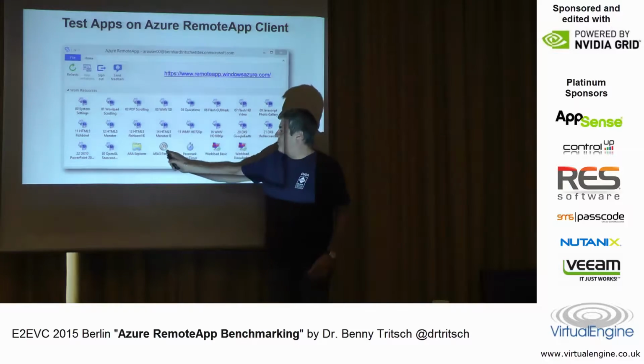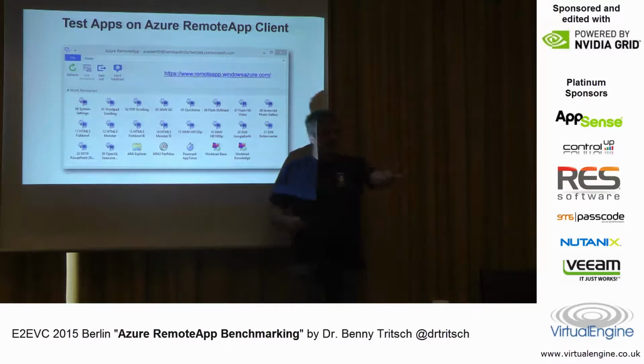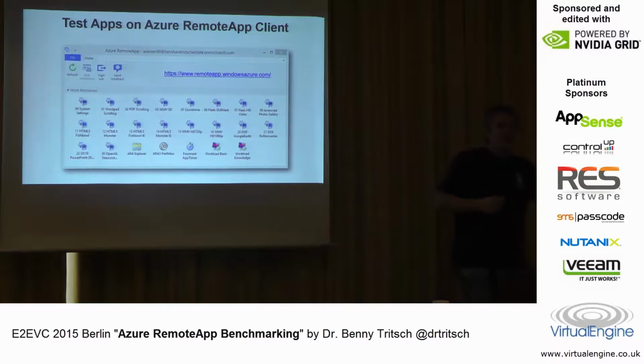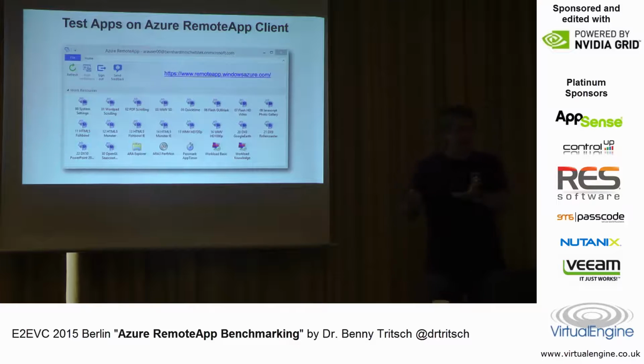And you see here, Perfmon, it's also a published application. Explorer, because I wanted to see what's going on. And we were measuring application launch times and dialog box response times and wrote this data, comma-separated files, to the public user space where the documents are stored. That was the only place in Azure RemoteApp where all the users were able to write.